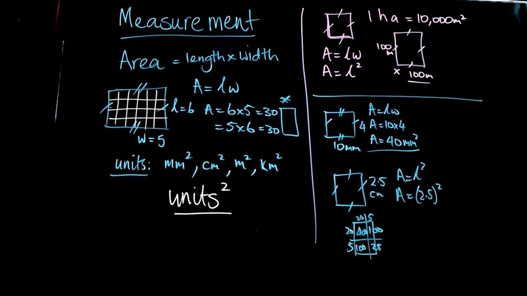So this is equal to 625, but we're doing 2.5 times 2.5. I've got to keep track of my decimal places here, and so this is going to be 6.25 centimeters squared as my final answer.